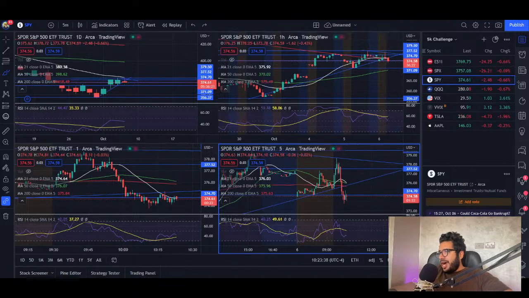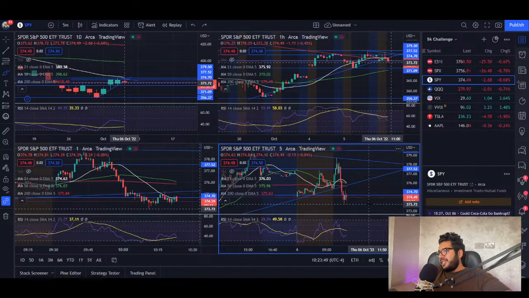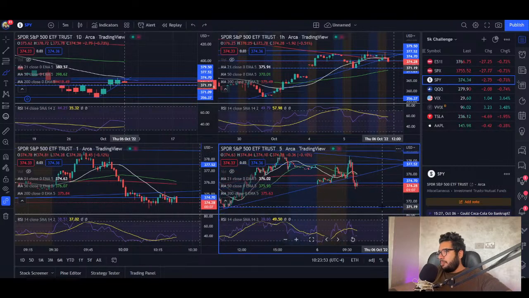We're still beneath our resistance. Ideally, we want to see this get taken out. This is the ideal scenario, to get this taken out, a big drop down, right? This is what we want to be seeing now.